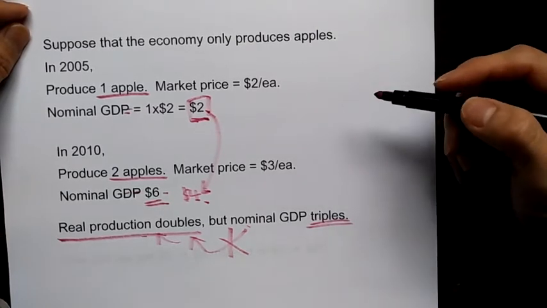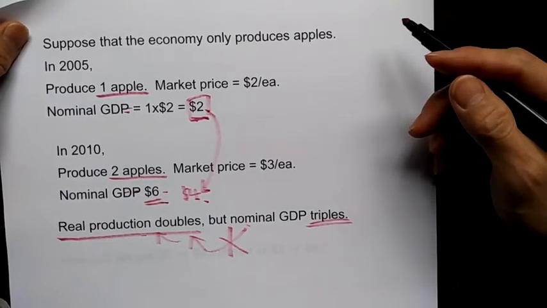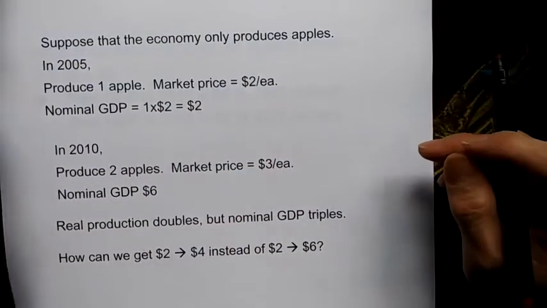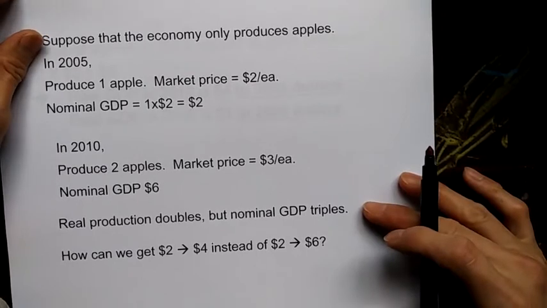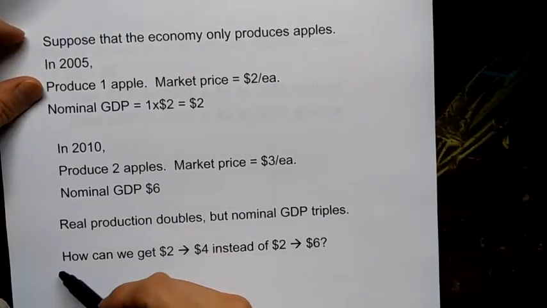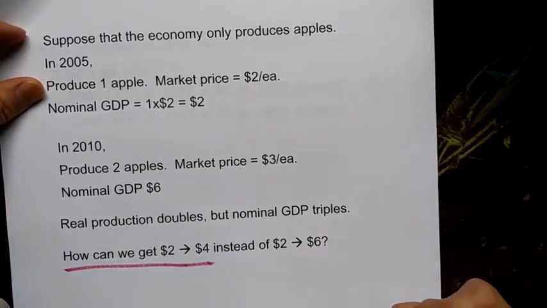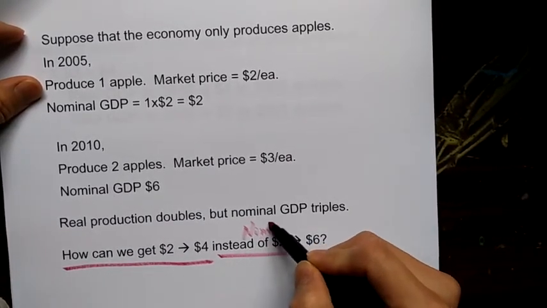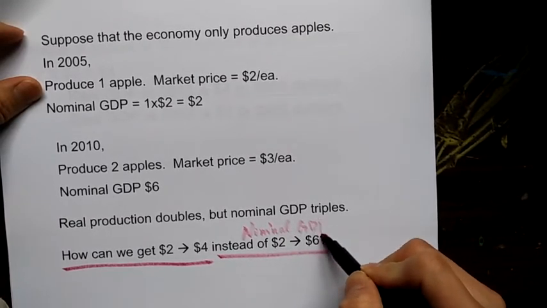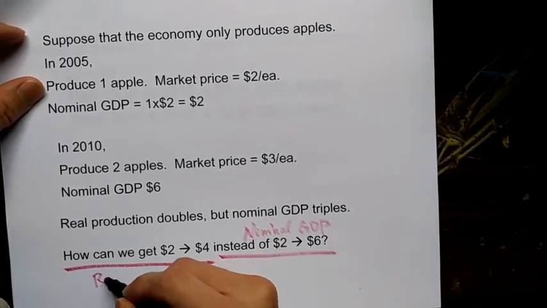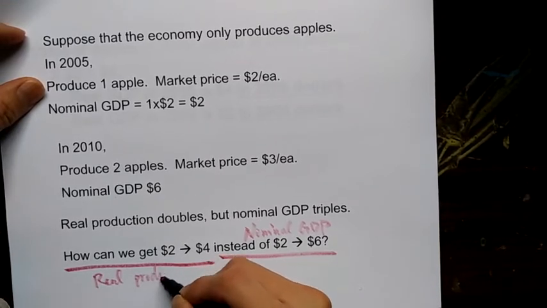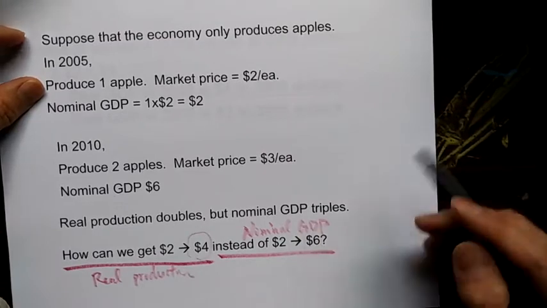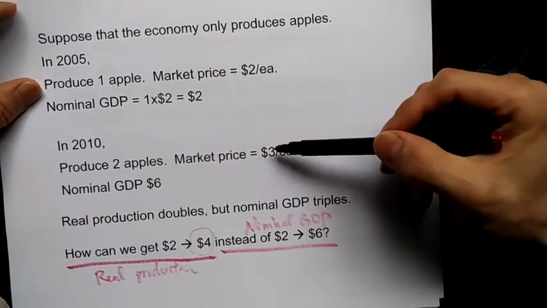How can we do that? How can we get $2 to $4 instead of $2 to $6? This one is nominal GDP. But for real production, real GDP, we want this number to go to 4, not 6. How do we do that?